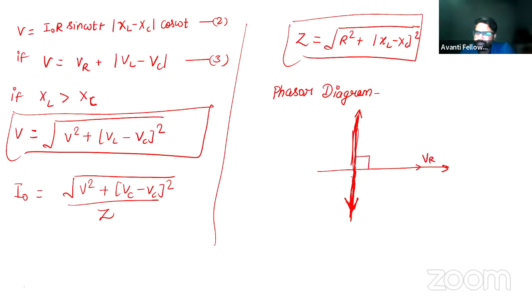We know that in an LR circuit voltage leads by 90 degrees, so this represents VL. This angle will rotate 90 degrees, but VC will be given by this line because it is lagging behind by 90 degrees, ठीक है.